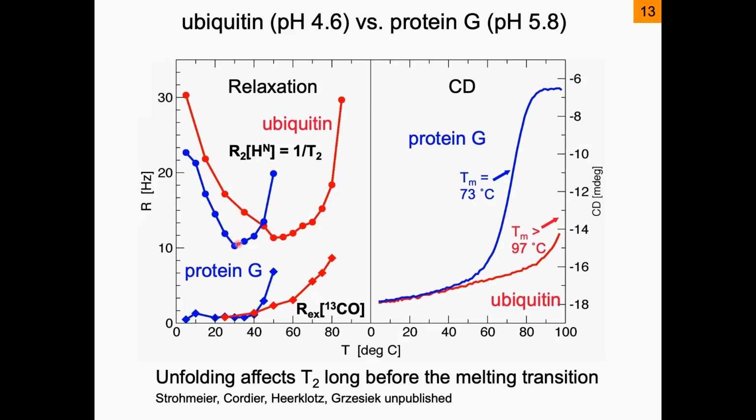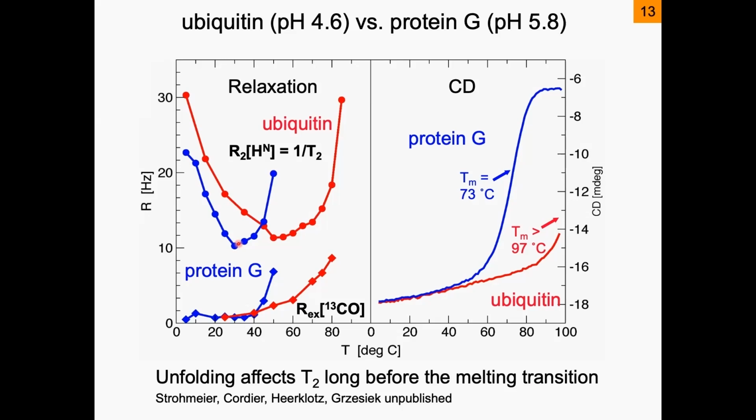This is happening around 30 degrees, well below the melting temperature. And what is happening is actually these proteins undergo breathing motions well before the overall unfolding. And this messes up your T2s. Now, in this case, it's not the rotational tumbling, but it's the chemical exchange broadening that does this.